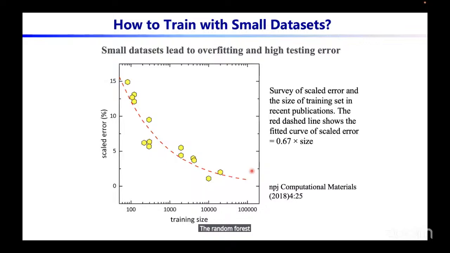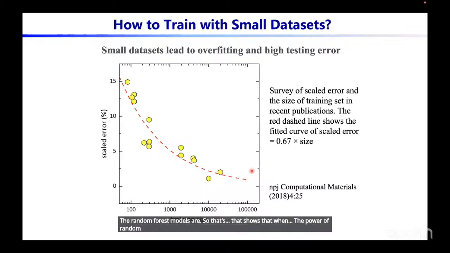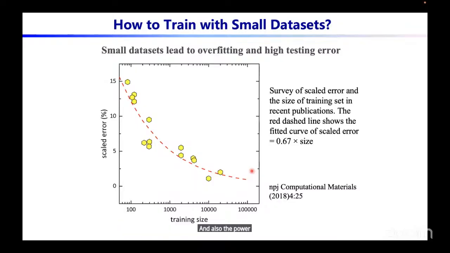So that shows the power of random sampling and also the power of different selection of features. So feature selection is also very, very important.